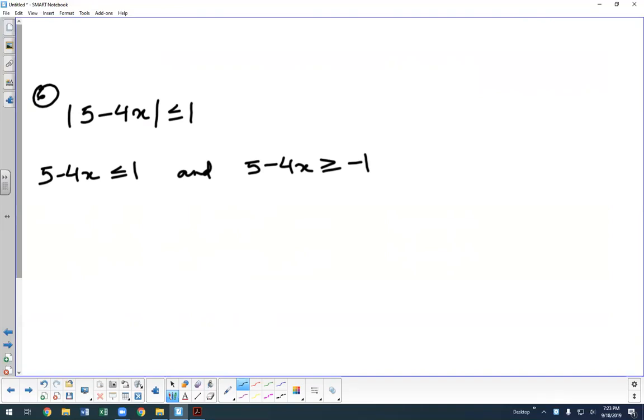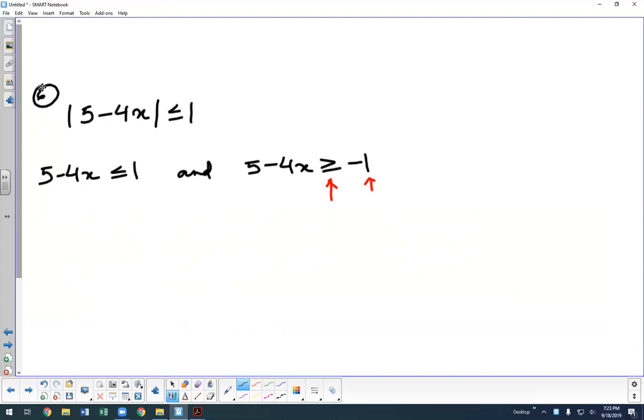But on the right-hand side, you change the direction of your inequality and you change the sign to make it a negative 1. So this is the difference. I have changed my inequality symbol and I have made this a negative number.